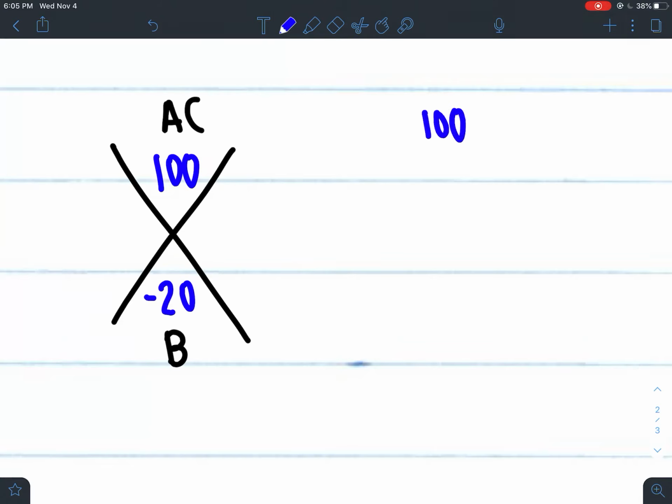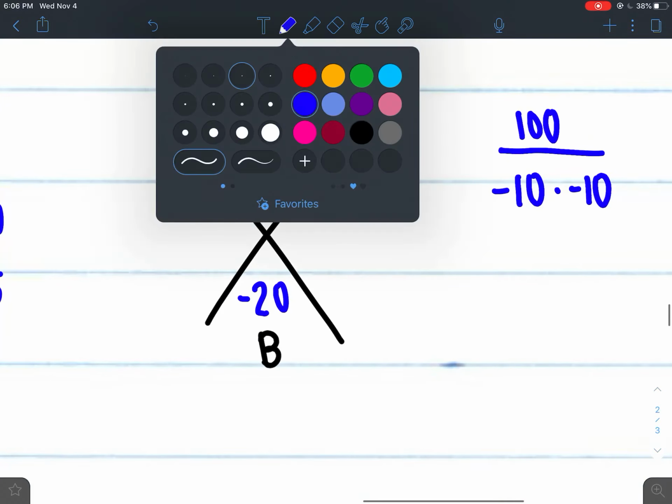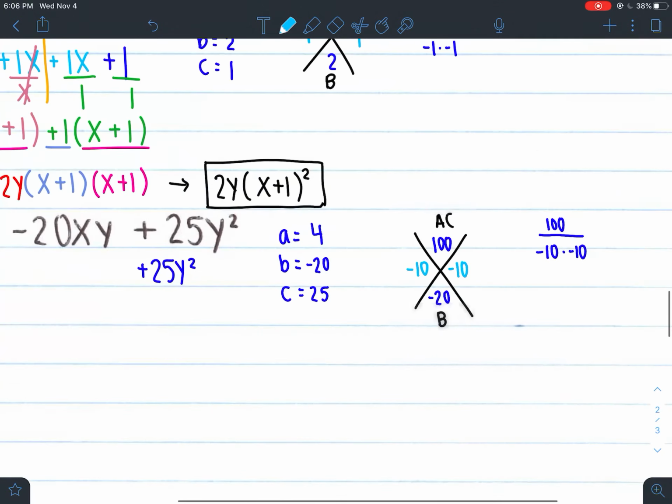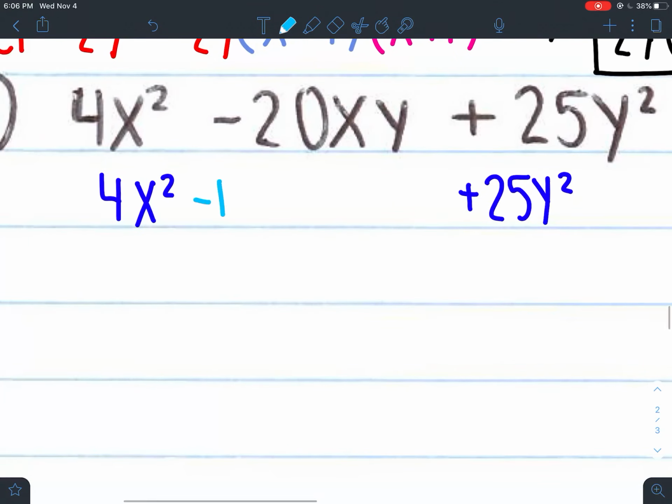Well, I have to think of 2 numbers that multiply to 100 but add to negative 20. Hopefully you can figure this out. I'm going to tell you it's negative 10 times negative 10. Negative 10 times negative 10 gives me a positive 100, but it also adds to negative 20. So I'm not going to list out all the possibilities here. So negative 10 and negative 10. So it's going to be negative 10xy minus 10xy.